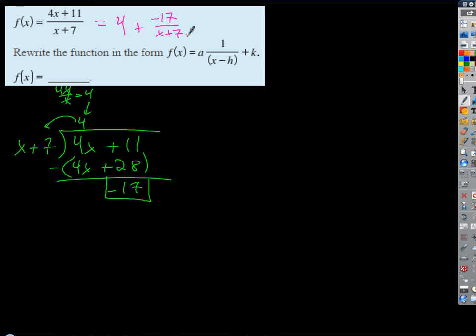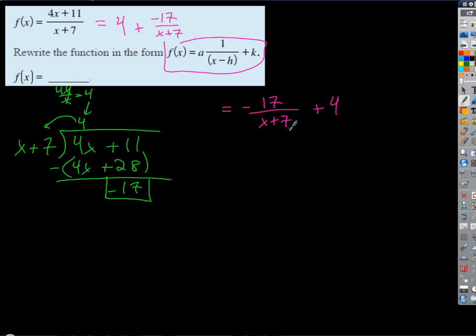So if I want to make that look like this form, well, I've essentially done it, right? I just want to flip those around, so the 4 is really the constant. That's k, isn't it? Right? So I'm going to turn that around and write that as negative 17 over x plus 7 plus 4.